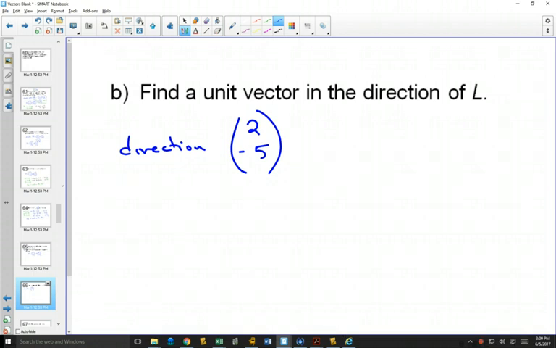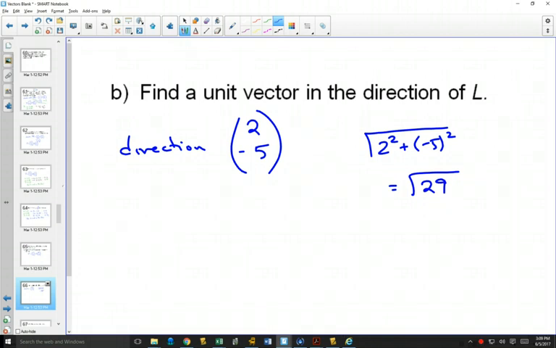How do you get it to be 1 unit in that direction? Or maybe it is already. Is that one 1 unit long? How long is this one? If we figure out how long this one is, 2 squared plus negative 5 squared, we find out that this one has a length of root 29.